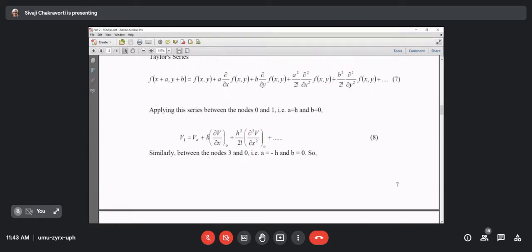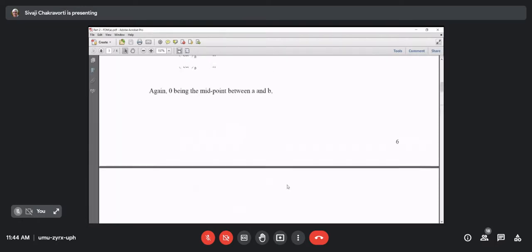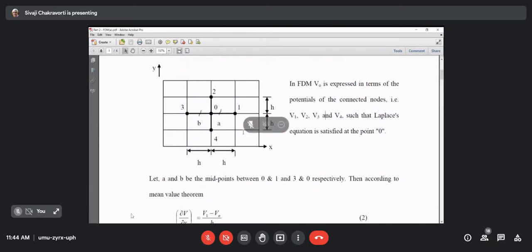V1 is f(x plus a, y plus b) and will be related to V0, which is f(x, y). Now can you tell me what is the value of a and b? Quite clearly, again go back to the figure: target node 0 is the coordinate (x, y), target node 1 is (x plus a, y plus b). So quite clearly a is h, b is 0.